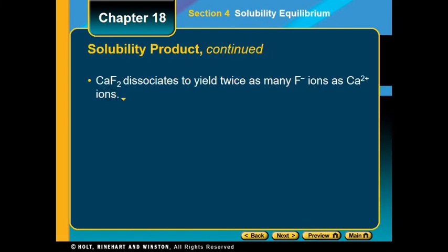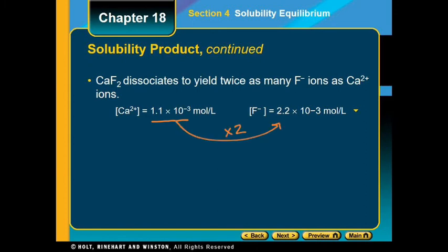So going back to the example they give, calcium fluoride does dissociate to where you have double the amount of fluoride ions as calcium. So notice when they gave us the concentration of 1.1 times 10 to the negative 3, we have now doubled that for fluoride, since this breaks down into Ca2 plus and 2F minus. So that has been doubled.